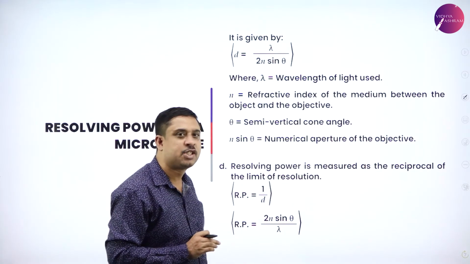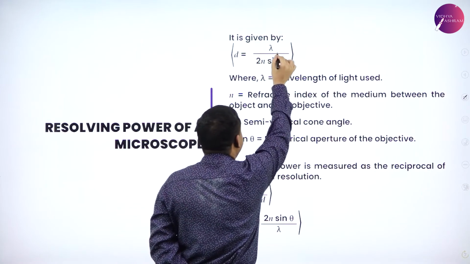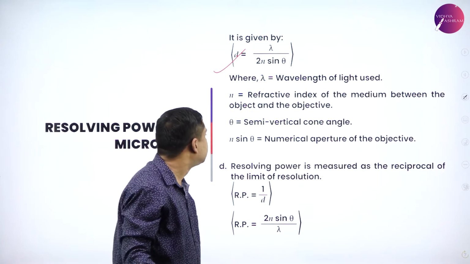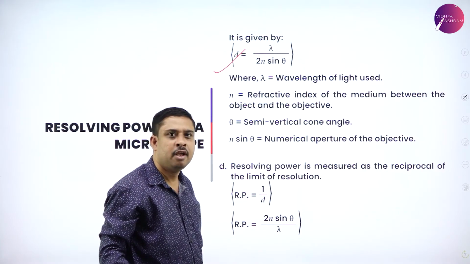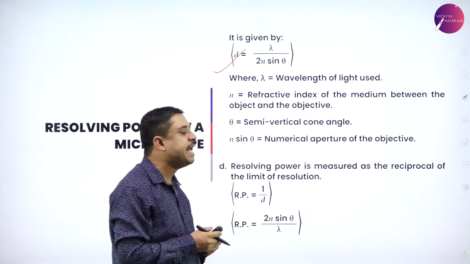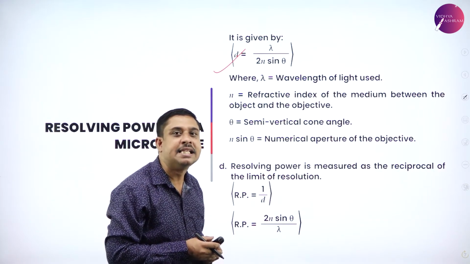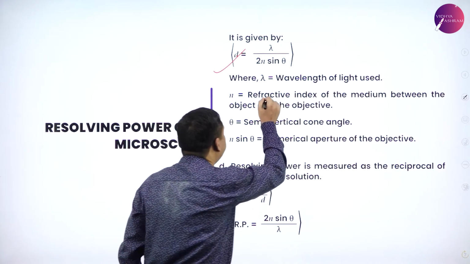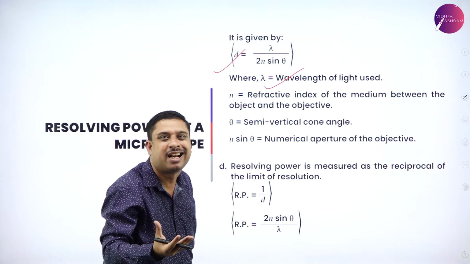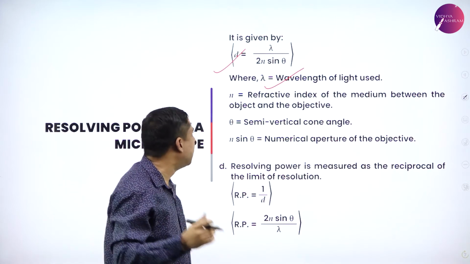And it is given by the expression D equals lambda divided by 2n sin theta, where lambda is the wavelength of light used, whatever color light has been used to magnify the object.